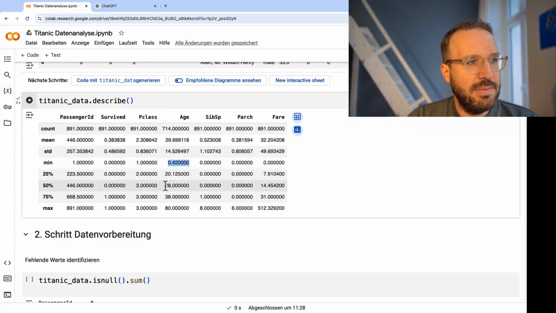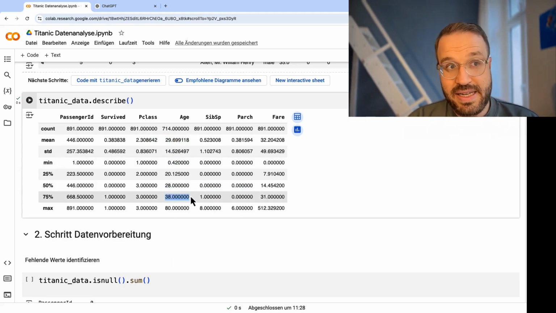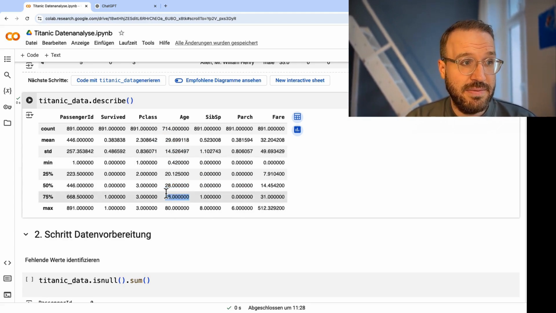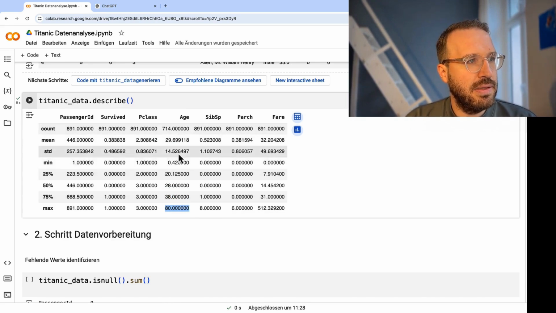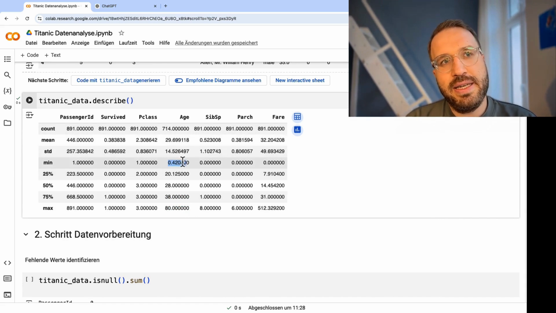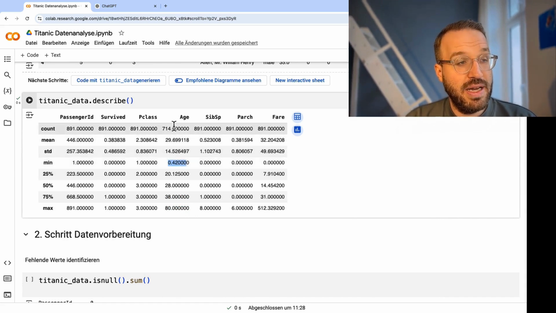We also see that the median is 28, and the 75th percentile is 30, meaning that 75% of the people are under 30. The oldest passenger is 80. This example illustrates quite well that it makes sense. One could take another look to see whether, since the minimum is 0.42, it is specified as a decimal or rather as an integer.